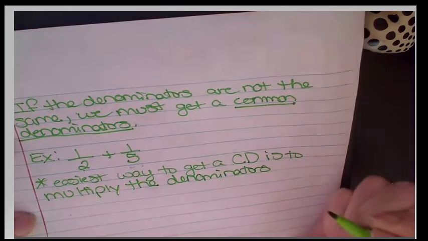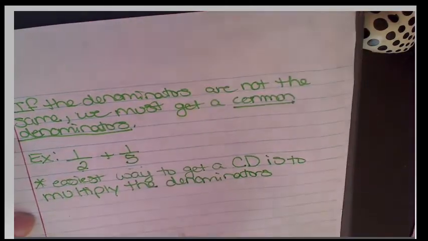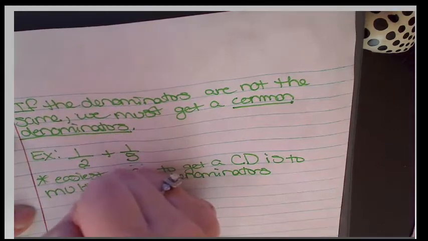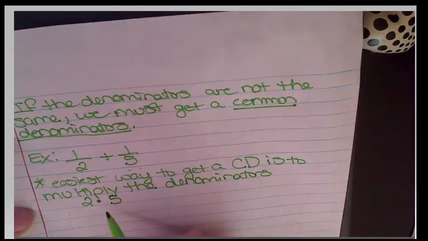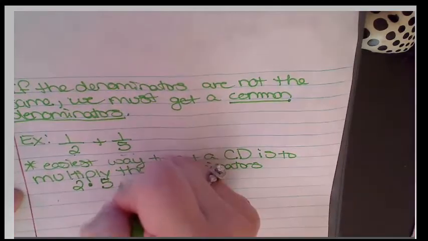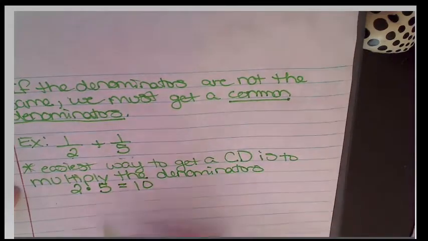So for this problem, we have 1 over 2 plus 1 over 5. Our two denominators are 2 and 5. So we're going to multiply those to get a common denominator. That gives us 10. Okay, so 10 is going to be our common denominator.